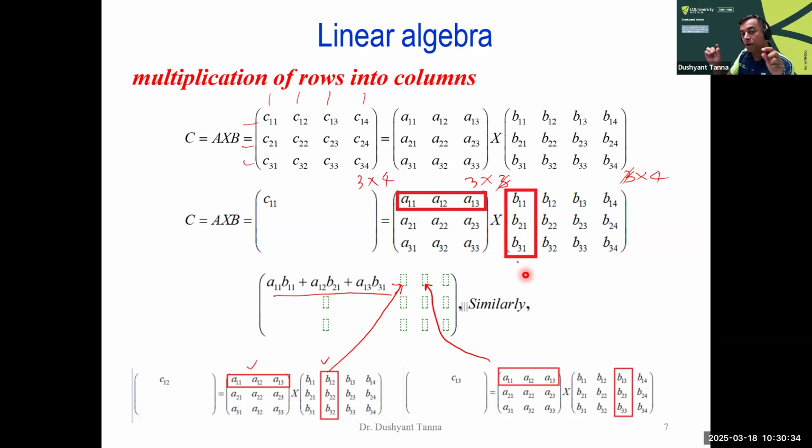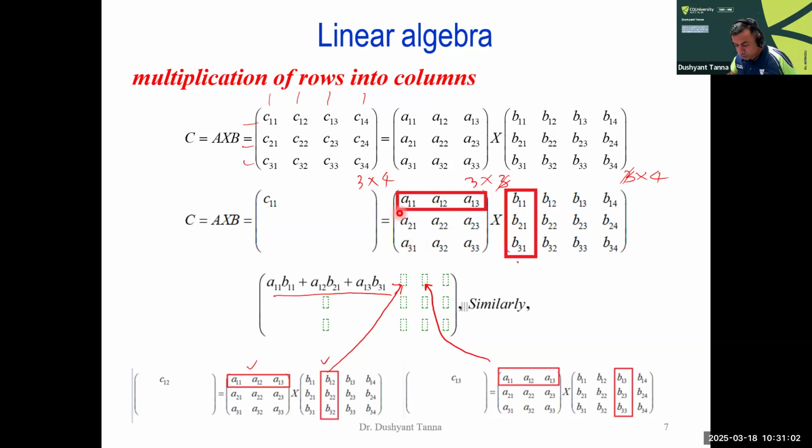Until then, use a block or ruler to hide everything else, or your hand. If I'm looking at this, I would literally keep my hand on the second and third rows of the A matrix and everything else on the right of B, and just focus on the first row, first column. Everything else is hidden. You can use your pen, ruler, whatever helps you. You're just focusing on those elements, which stops your distraction.